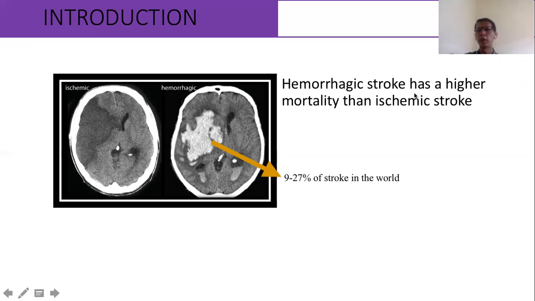Hemorrhagic stroke has a higher mortality than ischemic stroke. The incidence of ischemic stroke is bigger than hemorrhagic stroke. Hemorrhagic stroke is about 9 to 27% of strokes in the world. But hemorrhagic stroke has a bigger mortality than ischemic stroke.